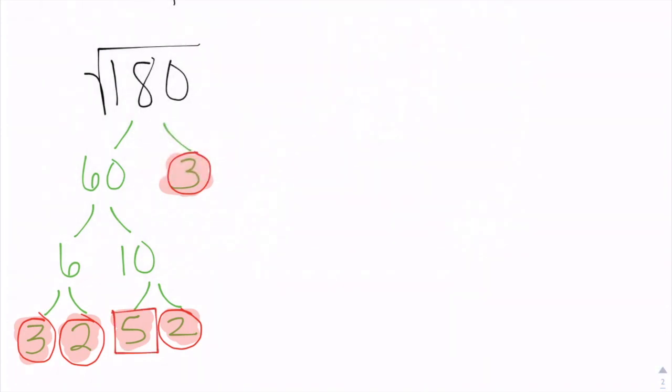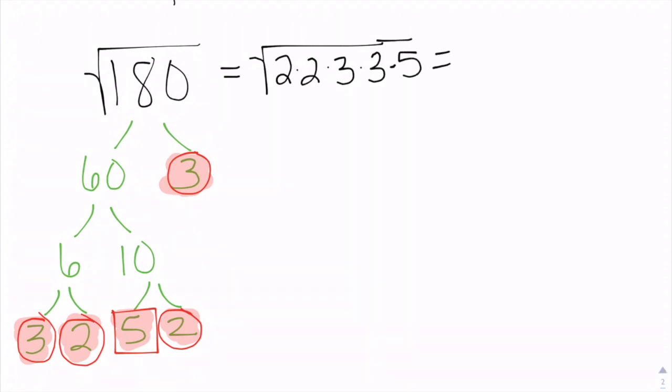If we were to rewrite this, it would be the square root of 2 times 2 times 3 times 3 times 5, which would give us the square root of 2 squared times 3 squared times 5.